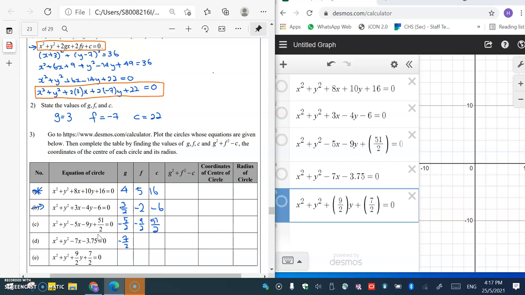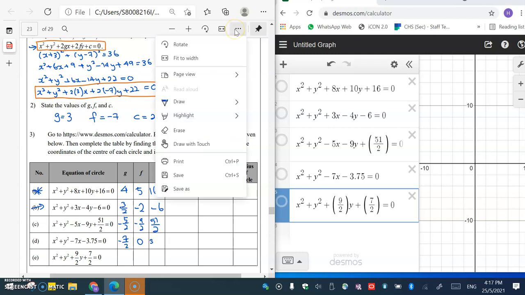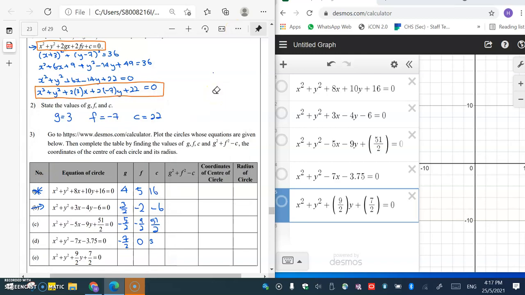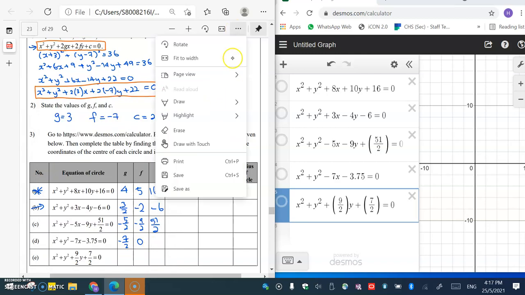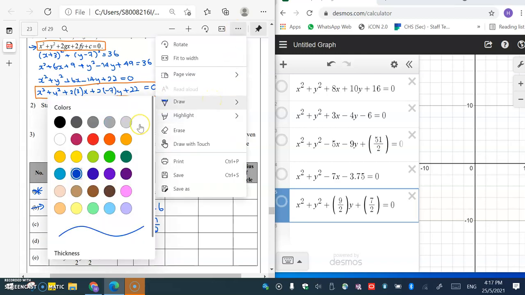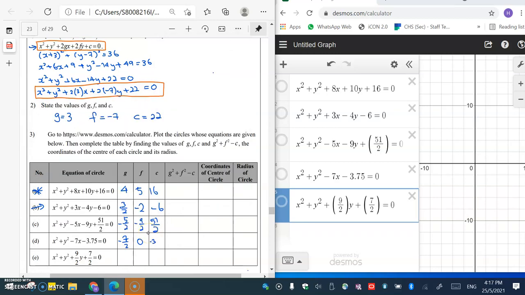Essentially, your 2f is now as good as 0. And note that this is negative 3.75.